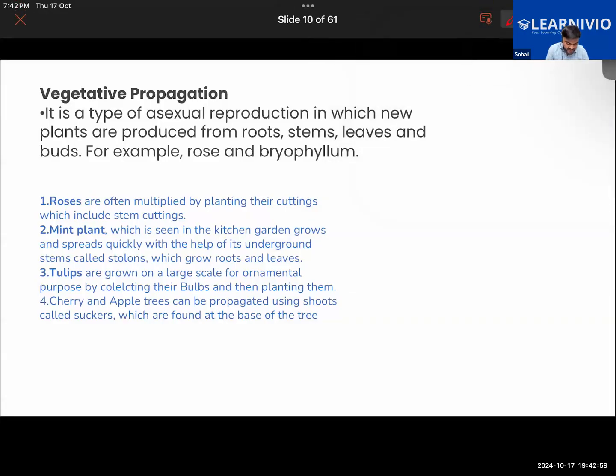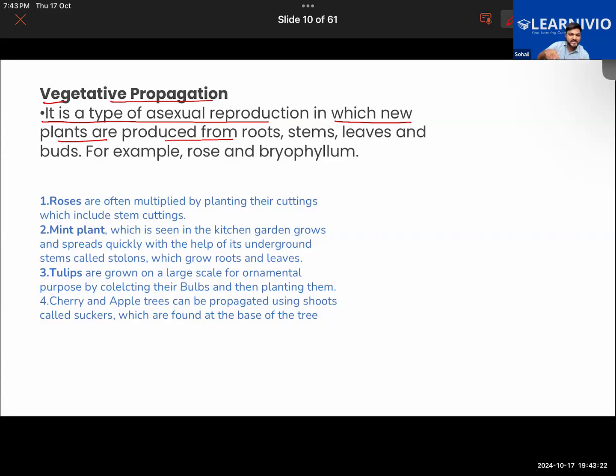right now we are learning about vegetative propagation. So give the topic vegetative propagation and write down the definition that it is a type of asexual reproduction in which new plants are produced from the vegetative parts. Exactly, from the vegetative parts, namely the leaves, stems, roots, or the buds, new plants can grow.